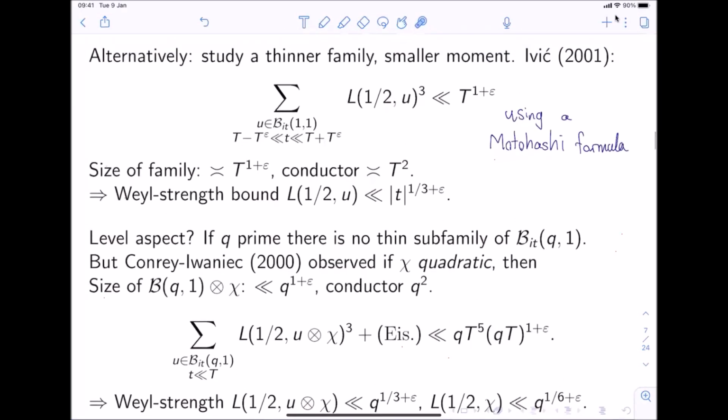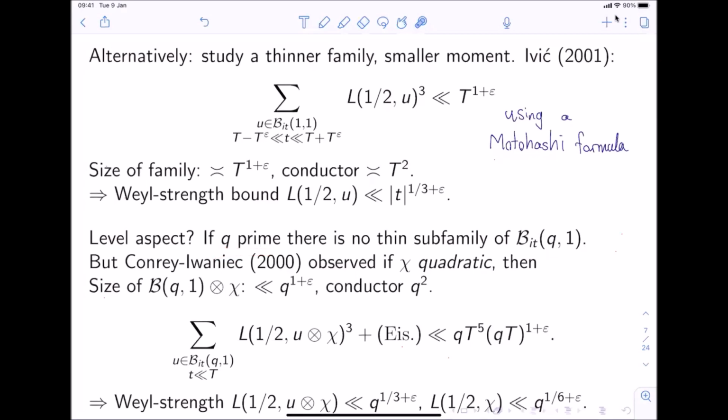So coming back to the level aspect, if Q is prime, then I don't think there's any obvious thin subfamily of this family of forms of level Q and say trivial central character. Again, Q prime here.